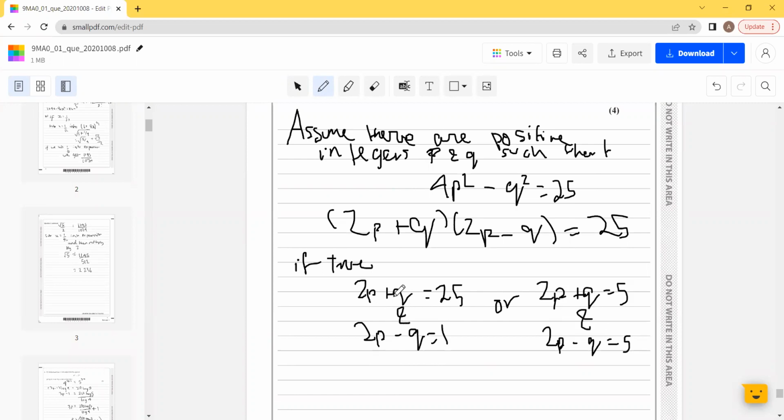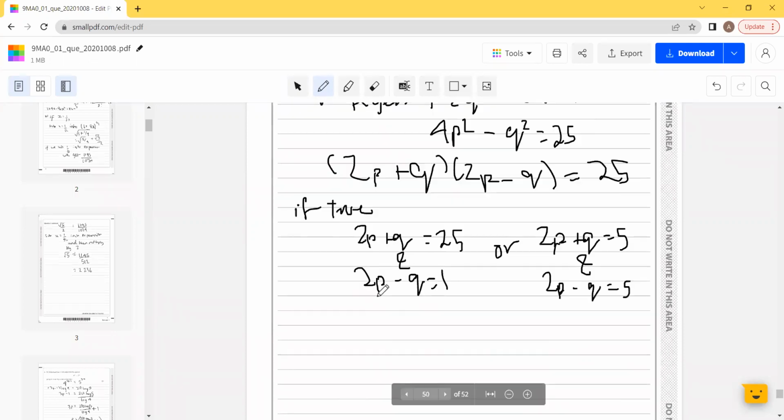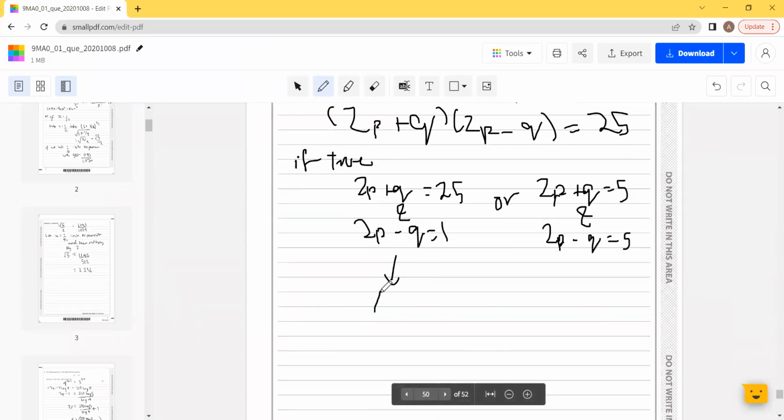Okay, so now what happens when you do this? Well, let's try and solve both pairs of simultaneous equations. I'm going to call this equation A and equation B. So solve A, what happens?